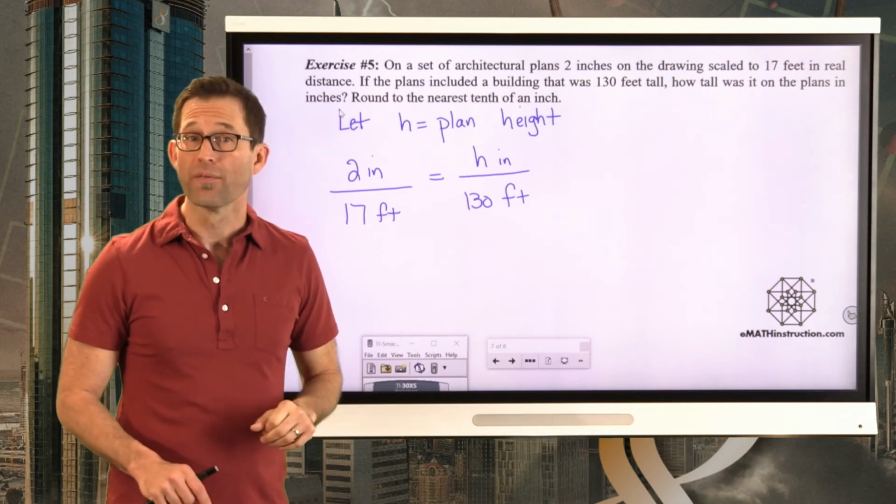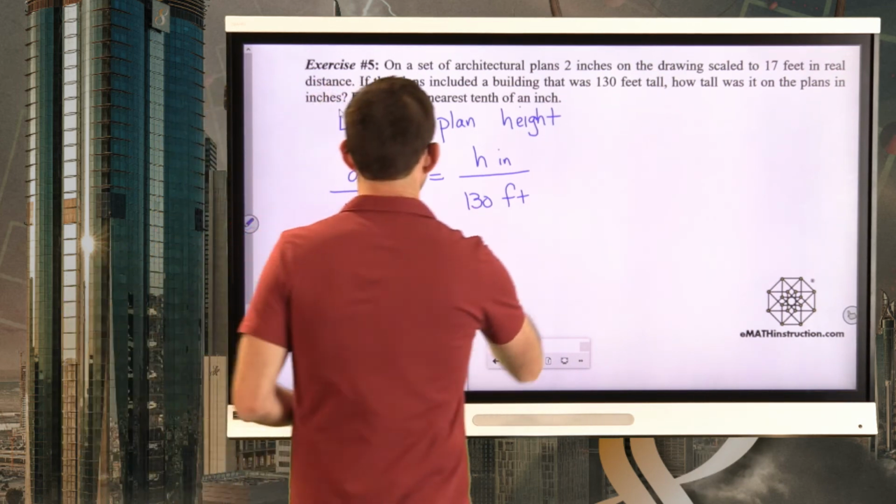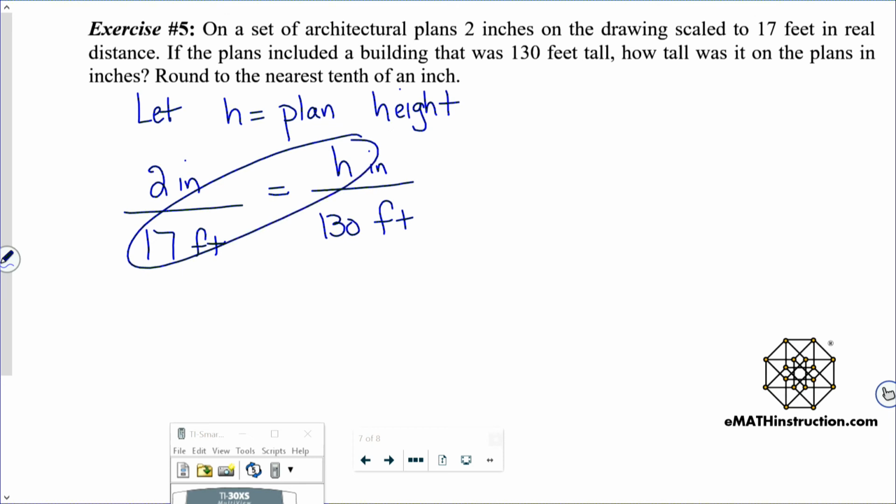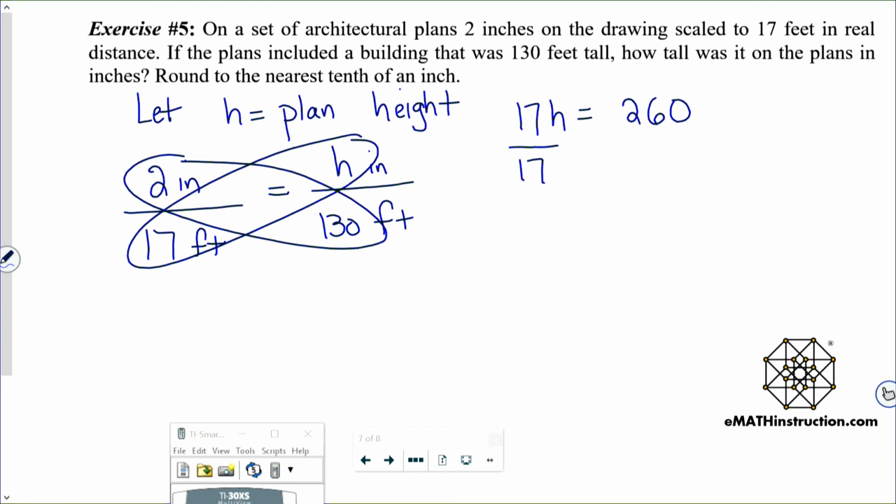And now I can solve this by cross multiplying. 17 times h, and 2 times 130, we're just going to do that in our head, is 260.